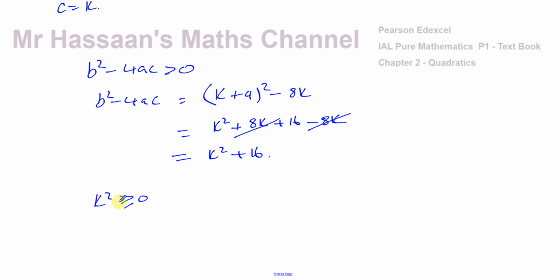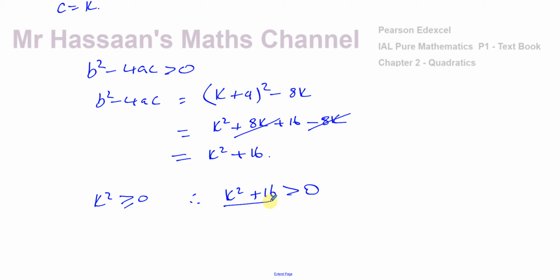Therefore k squared plus 16 is always greater than or equal to 16, so k squared plus 16 is greater than 0.